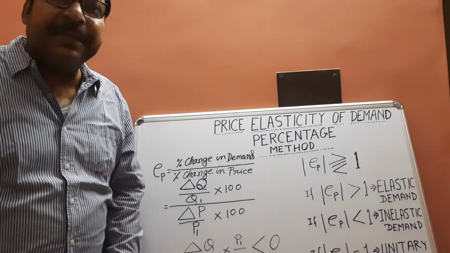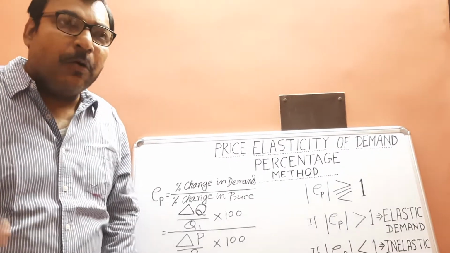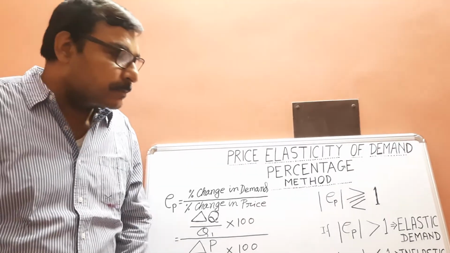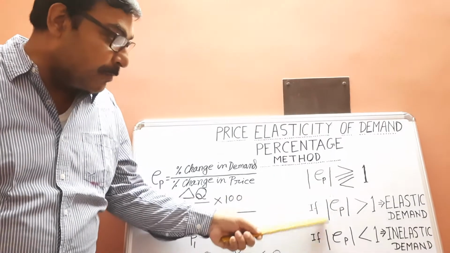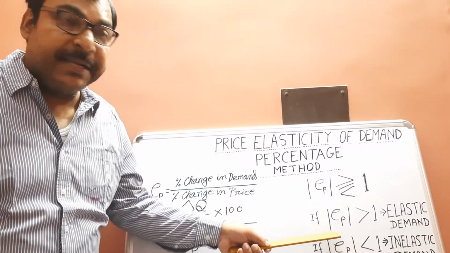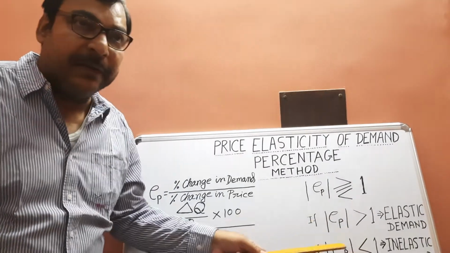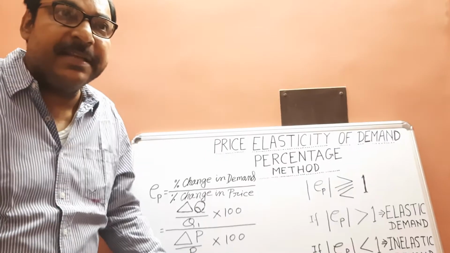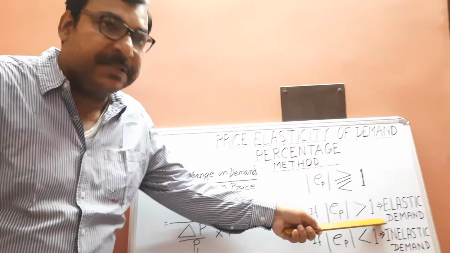Three possibilities are there. If modulus EP, absolute EP, this symbol is given when you are not considering negative signs, called the modulus sign. Modulus EP is greater than 1, suppose 2, 3, 4, etc. is the answer. Then you will say it is a case of elastic demand.